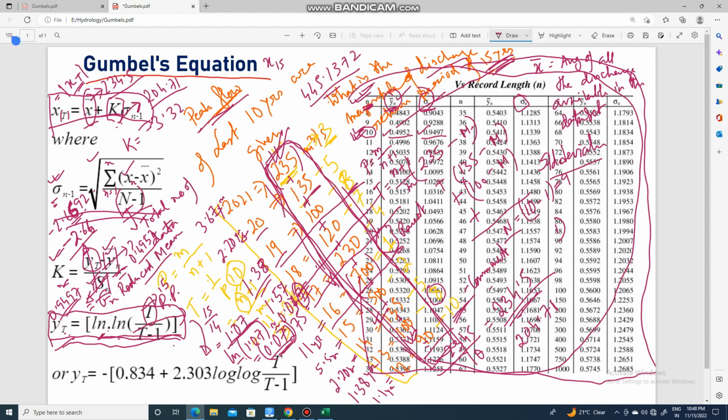T is the return period for which we want to know the magnitude of discharge. In our case it is 15 years, so T is 15. 15 by 15 minus 1 is 14, so 15 by 14 is 1.07.